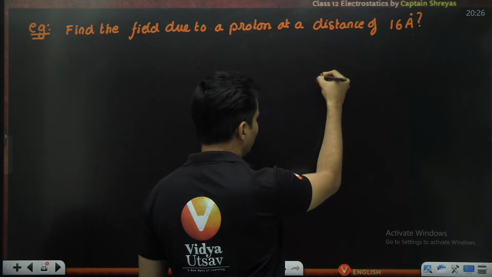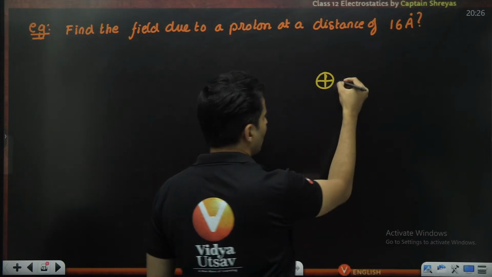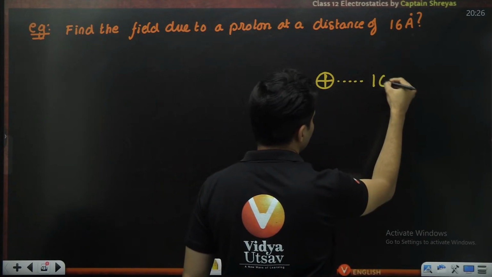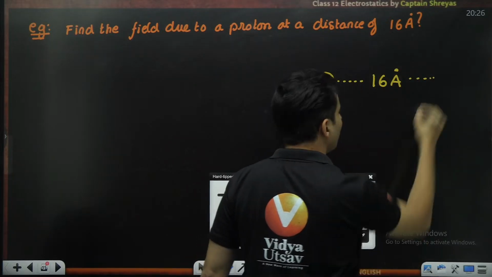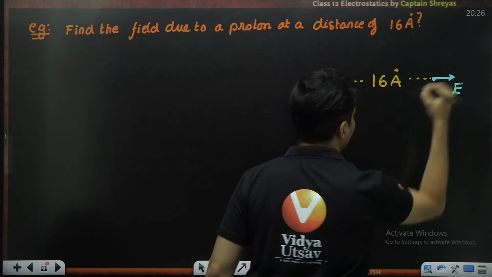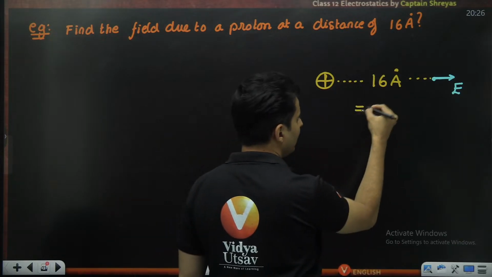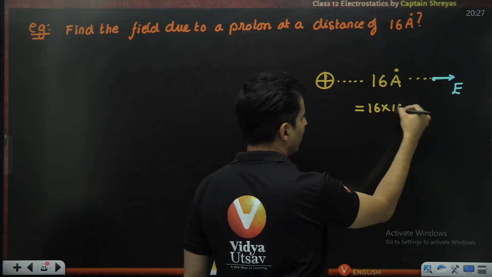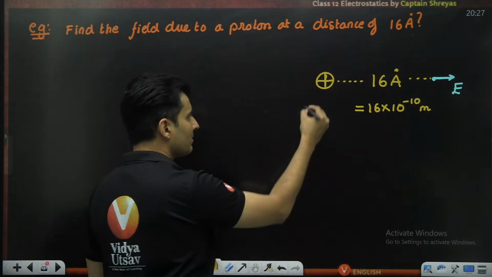When you talk about a proton, obviously it is a positive charge, and this distance is 16 angstrom. Over here, you are interested to find the electric field. First of all, what is 16 angstrom? 16 angstrom is 16 into 10 to the power negative 10 meter.